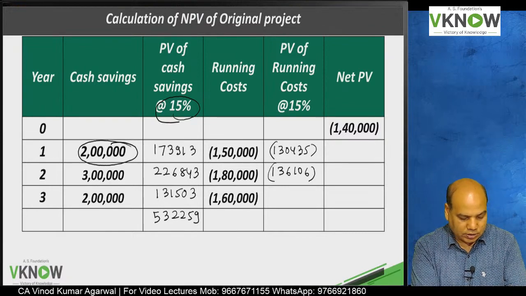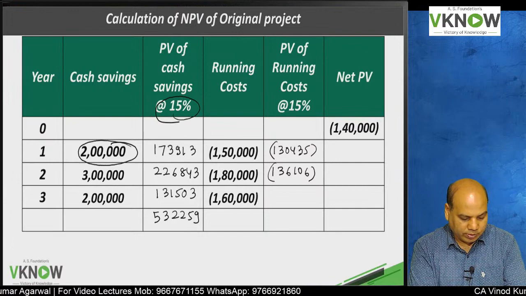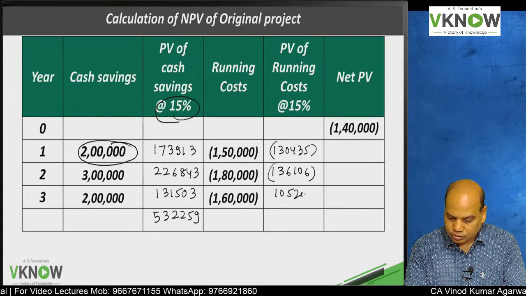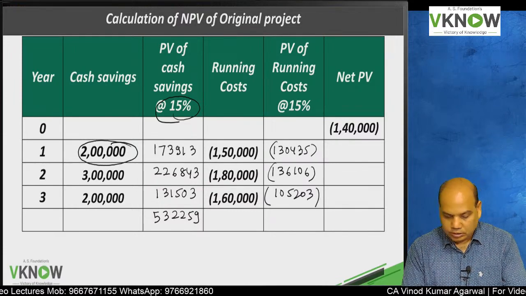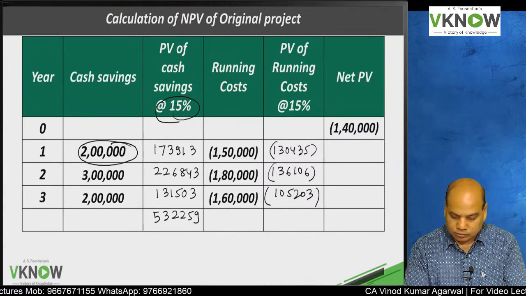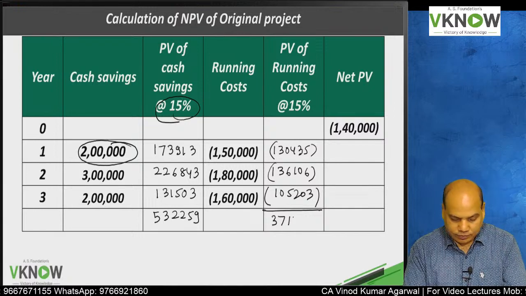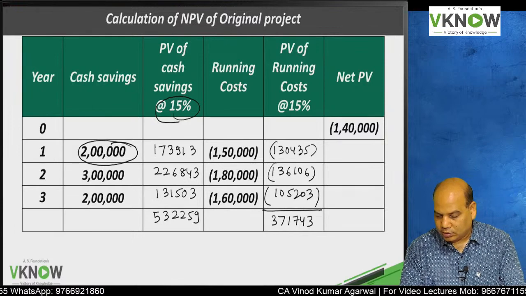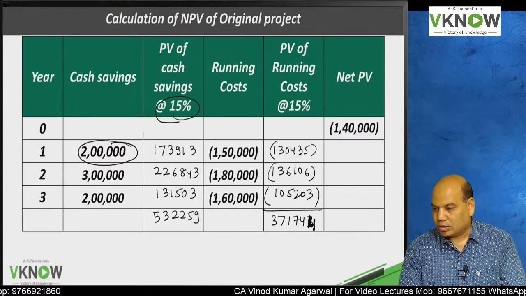Next, 1,60,000 divide by 1.15 3 times equal to memory plus, 105203. Memory recall, this is 371744. 3 or 4 you can write, 4.